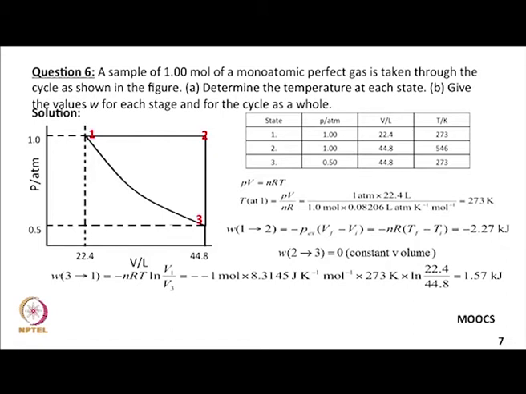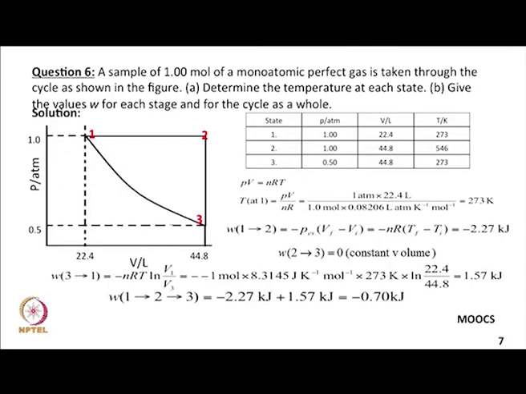So, 1 to 2, minus 2.27 kilojoules of work is done by the gas. 2 to 3 is a constant volume process, it is 0, and 3 to 1, 1.57 kilojoules of work is done on the gas, and if you add all, overall the sign turns out to be negative, and therefore, the work overall is done by the gas on the surroundings.